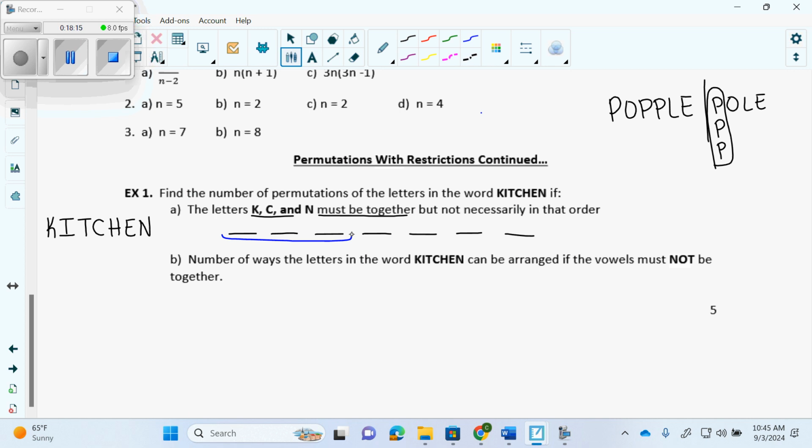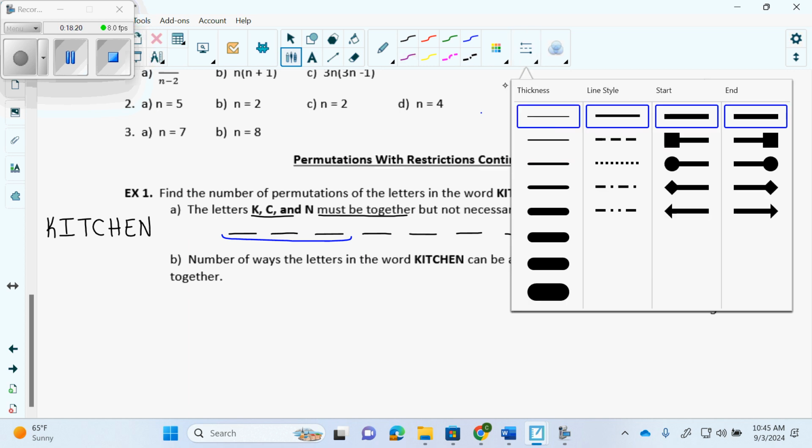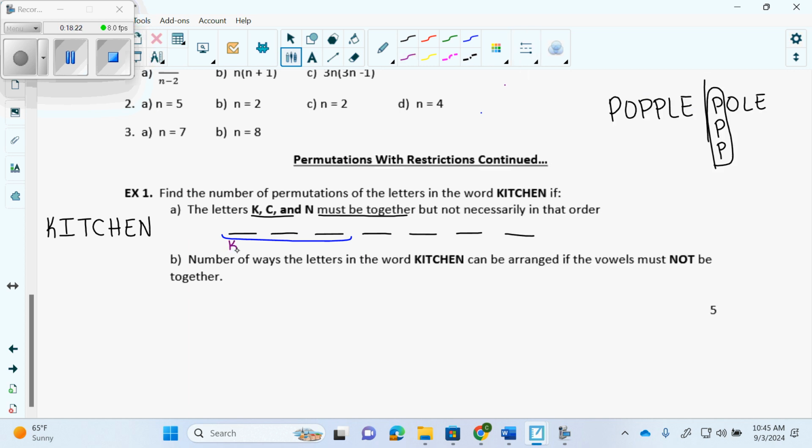So for the first blank, I can have K, C, or N. True statement? How many options is that? 3, so always list the number of options above. Then because I'm not allowed to repeat, I have to keep something behind, I box and hold one of them. So let's pretend I box and hold the K. Then what do I have left for this blank? C and N, which is 2 options.